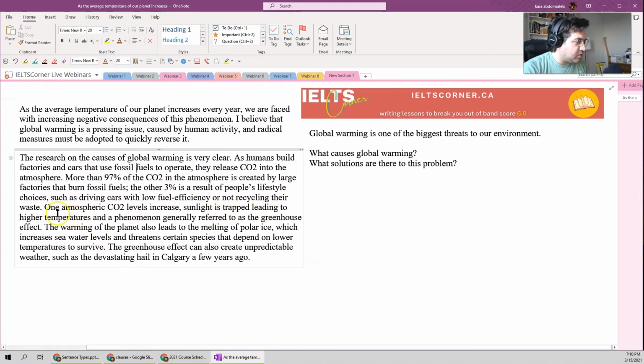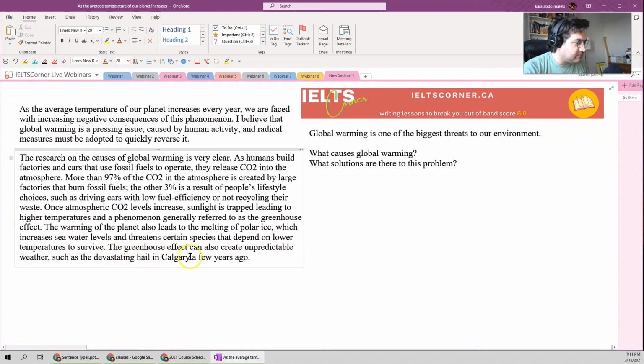Once atmospheric CO2 levels increase, sunlight is trapped, leading to higher temperatures and a phenomenon generally referred to as the greenhouse effect. The warming of the planet also leads to the melting of polar ice, which increases seawater levels and threatens certain species that depend on lower temperatures to survive.